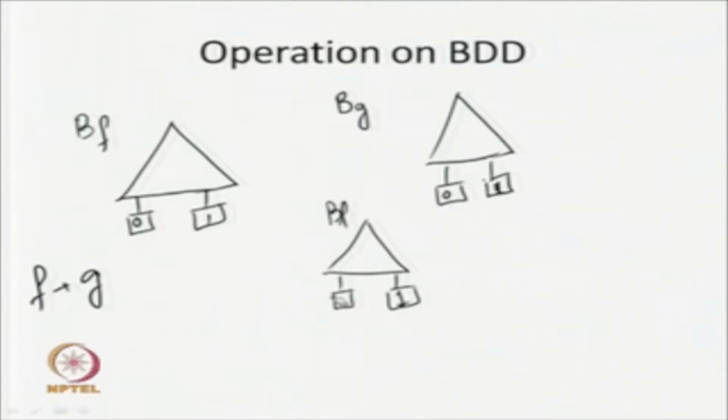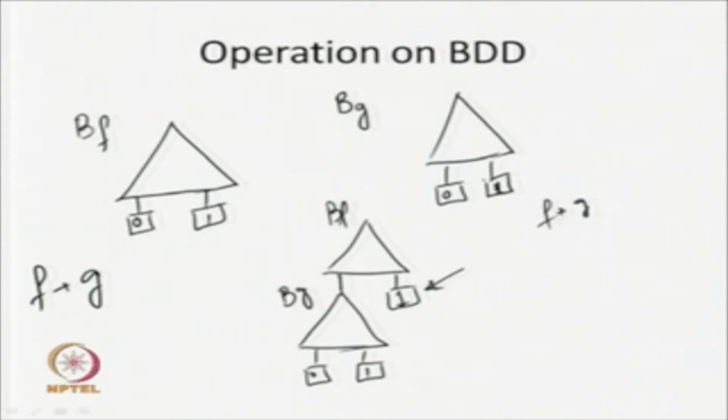So, in that case, we have seen that at this 0 node, we are going to put this particular BDD bg, and 0 and 1 are the terminal nodes. So, if f is 1, then we get the functional value as 1, and if f is 0, then we look at the valuation of g. Depending on that, I get the functional value for f plus g.